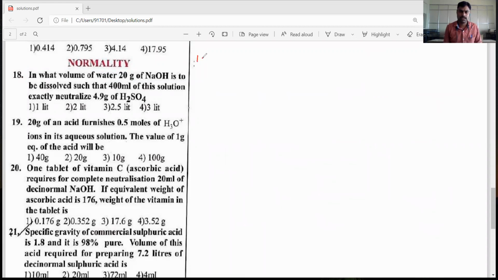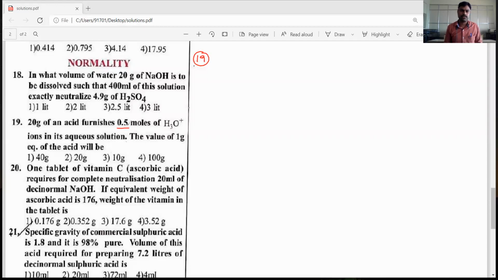Okay, dear students, let's go for the 19th question. What is the given 19th question? 20 grams of acid furnishes 0.5 moles of H3O plus.